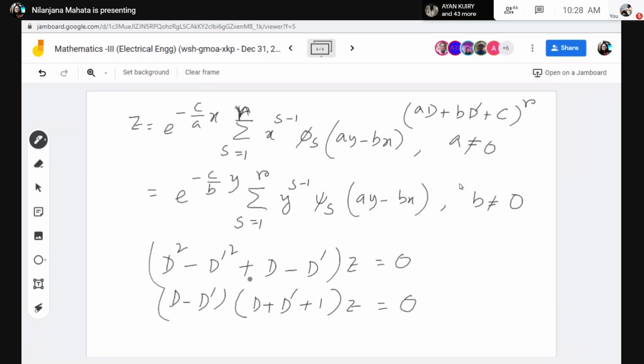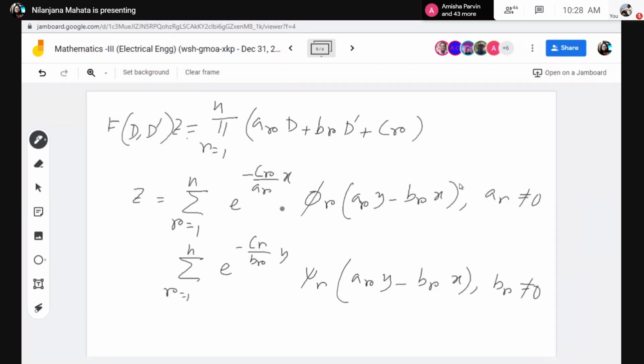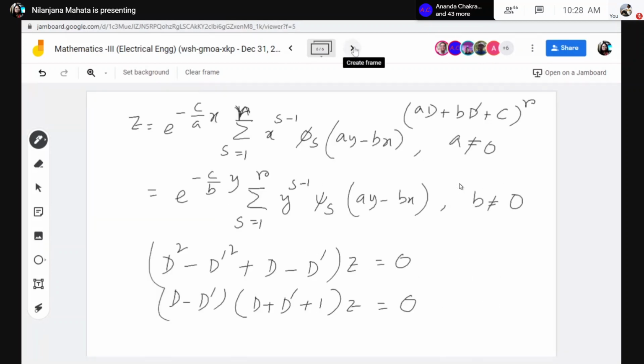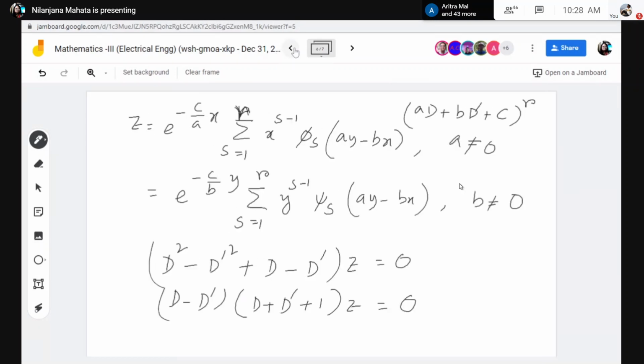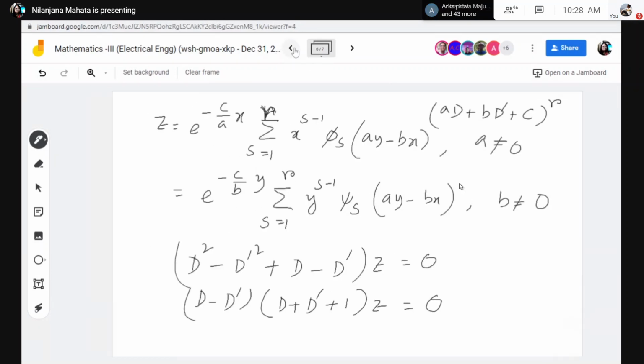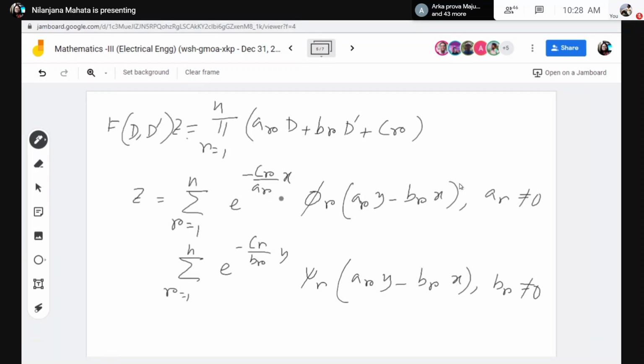So I can use the formula of this, and I can write the formula. So what will be your solution? z will be, here your c is 0, so this term won't exist. For the first equation, there is no c, so this term won't exist. Only this term exists.